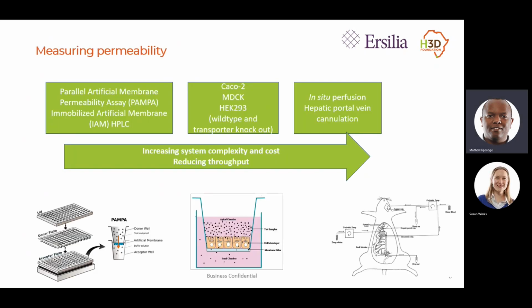The way we measure passive permeability changes and evolves as we go across the drug discovery process. Very early on, the most basic way to measure this is to have an artificial membrane.